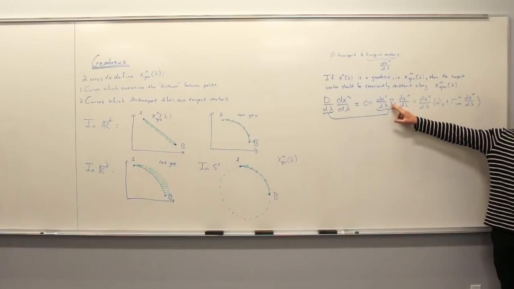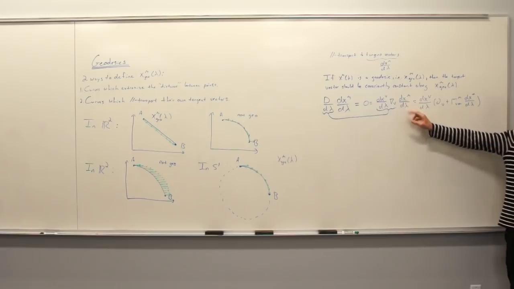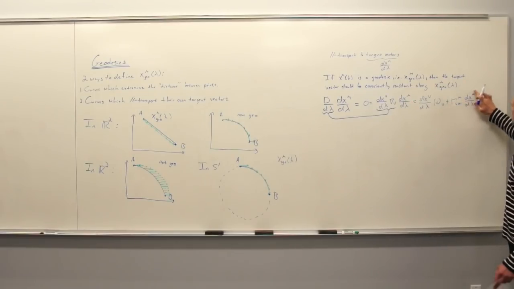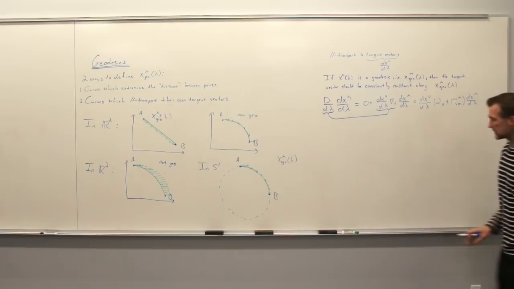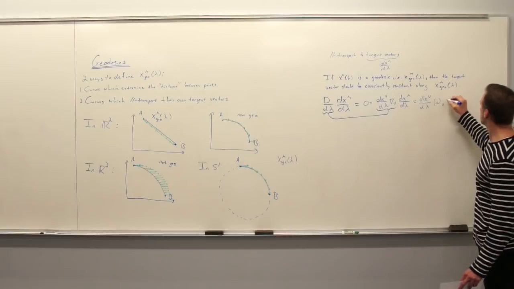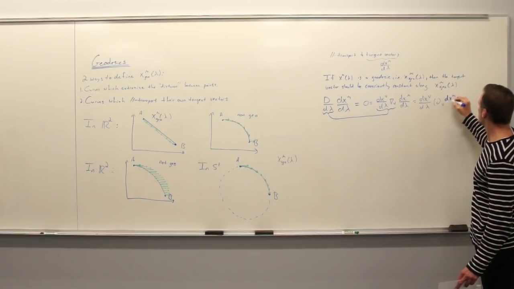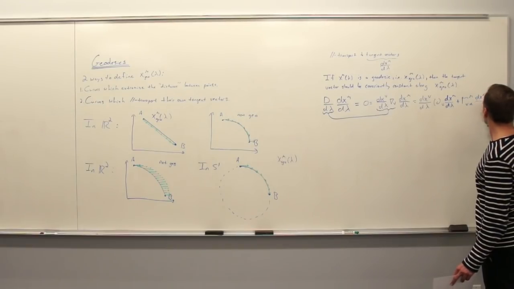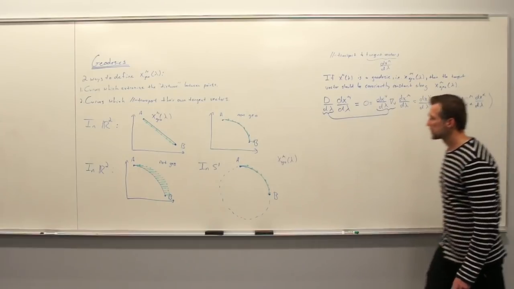We're just blowing up how del nu acts on a vector, in this case dx mu d lambda. I can't do it that way because the indices don't work out. So this is going to be dx mu d lambda plus gamma mu nu alpha dx alpha d lambda. Okay.